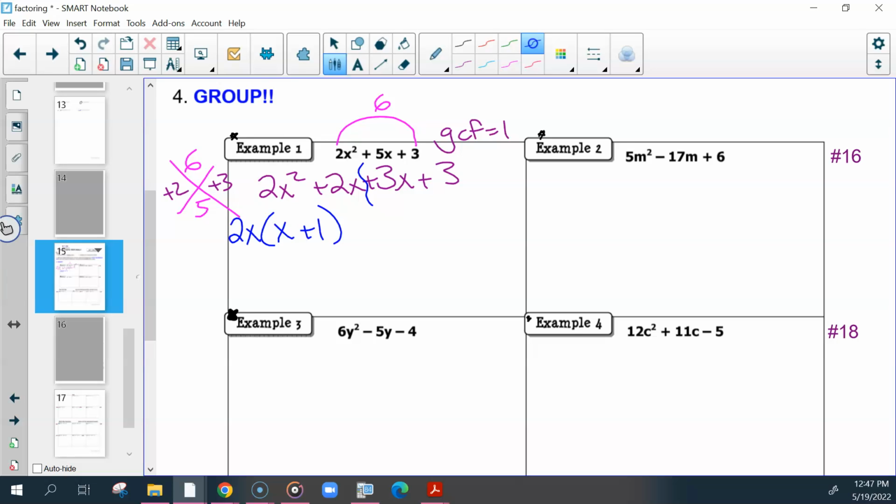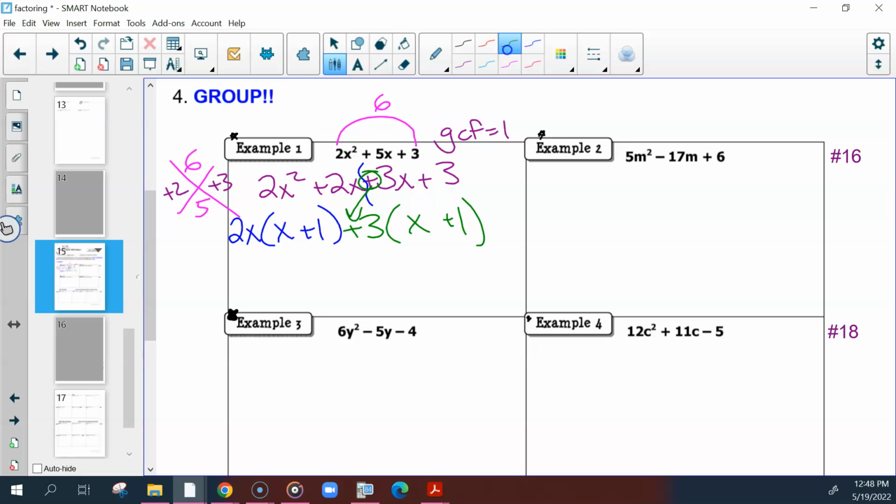Then we're going to do the same thing for the second set of terms. What do these two have in common? 3. And this is positive, so I'm going to bring down that positive, make that positive 3. If I divide 3 out of both of those terms, what's left? 1 for this one, and x plus 1.